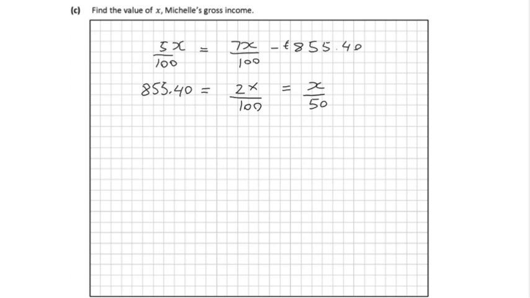Multiply across and switch back, and we get 50 multiplied by 855. If it's below, we multiply up, and we will get a gross amount of 42,770 euros, which looks realistic.